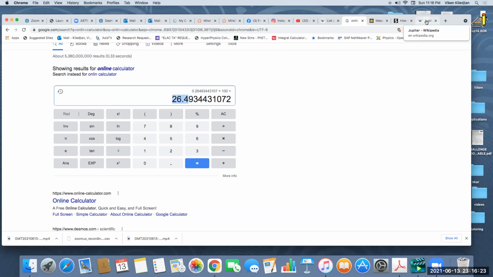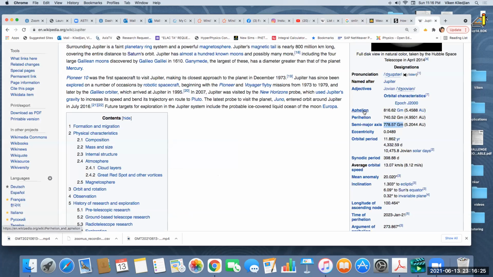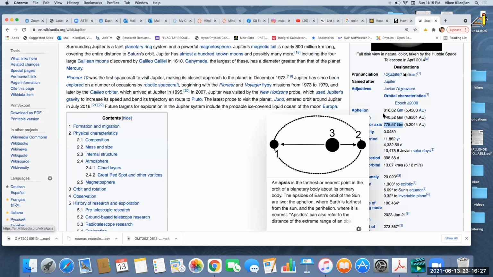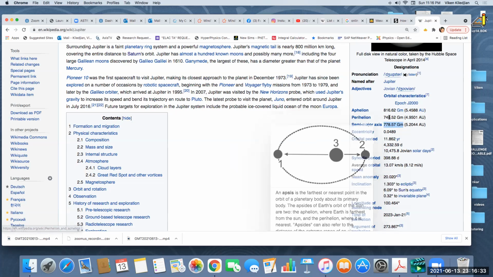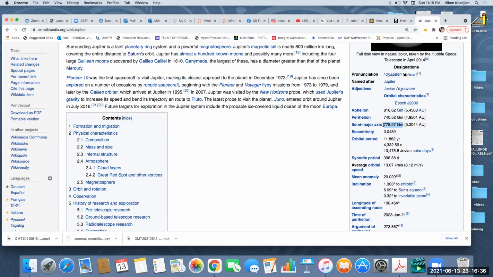26.5%. So remember, don't use the aphelion or the perihelion, because aphelion is when Jupiter is farthest from the sun. Perihelion is when Jupiter is close to the sun. So the semi-major axis is the average of these two. So use that one. So I am using the correct one, 778, right?